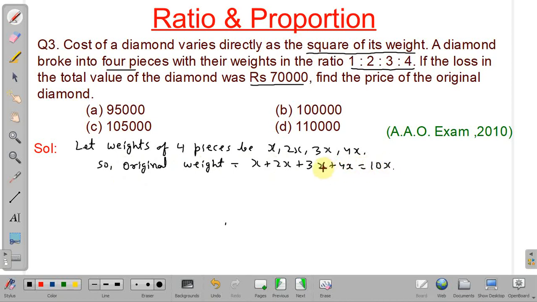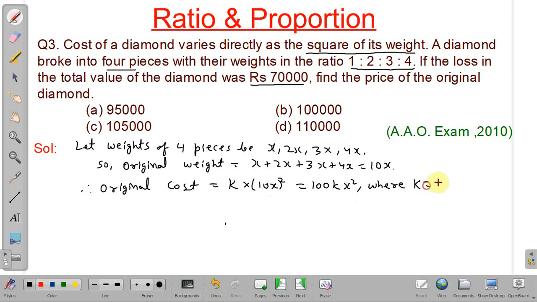Now it is given that the cost of a diamond varies directly as the square of its weight. Therefore the original cost, suppose k is a constant, and its weight is 10x, so 10x square. You can see it is varying as the square of the weight, and it is equal to 100kx square, where k is a constant.